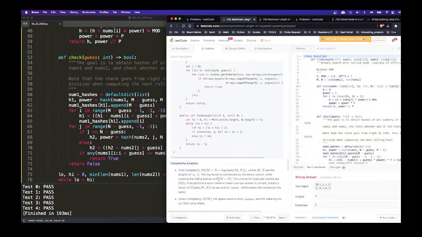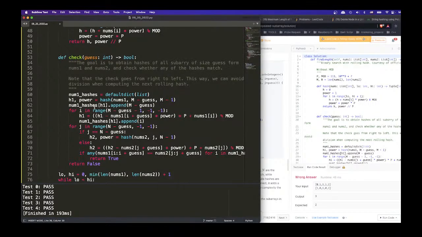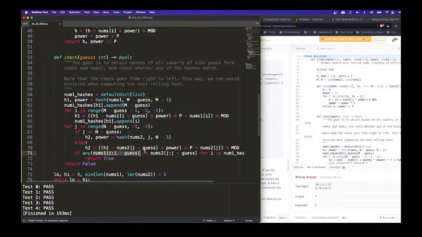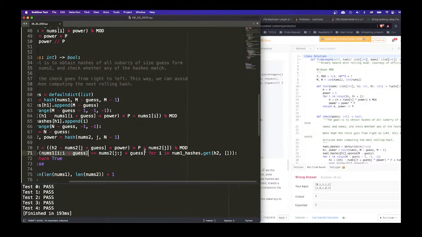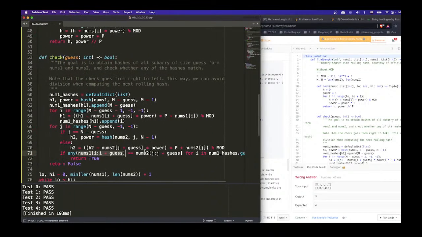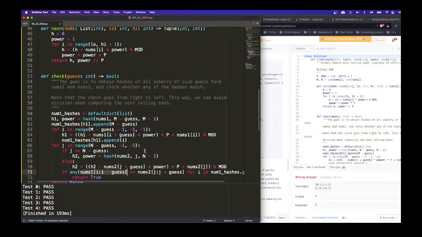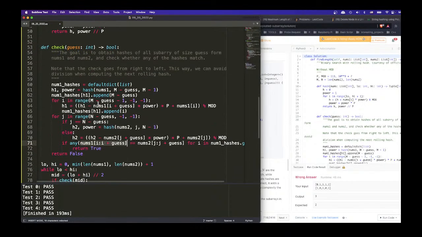Creating a rolling hash is O(M plus N). Well, that's O(M), O(N), but you have also these things. You just ignore the cost of splicing.